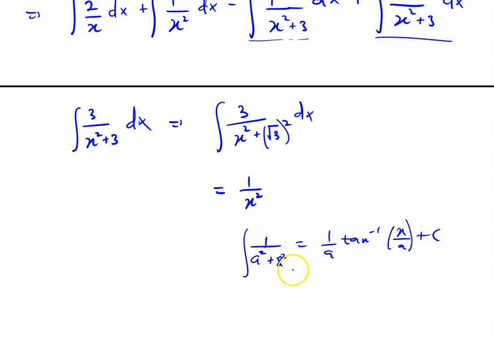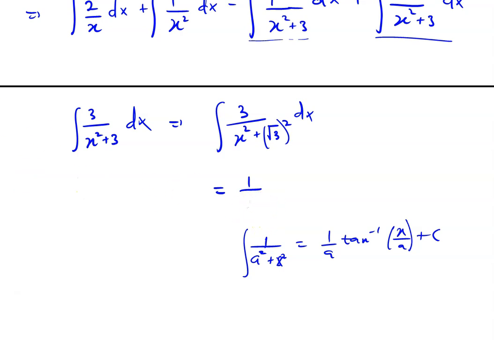So at this moment, sorry, a is rather the square root of 3. Do you get it? So you are going to get 1 on square root of a, 1 on square root of a, that is 3. Sorry.